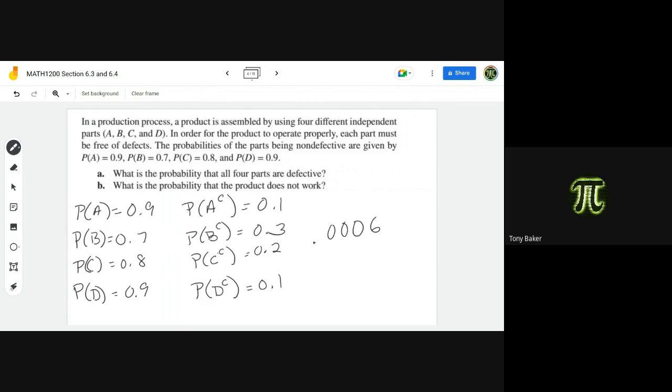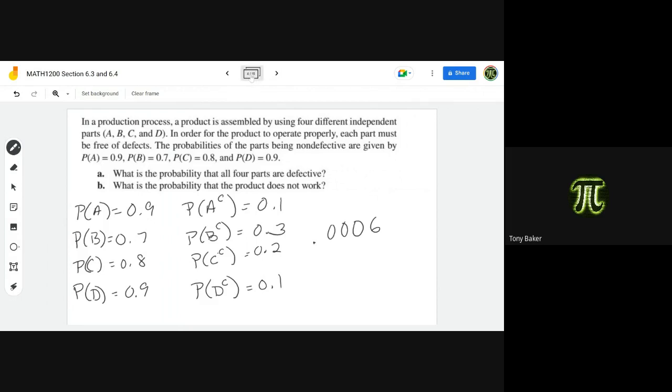So we've got a 0.0006 probability that all 4 parts are defective. Okay? Does that make sense? Okay.